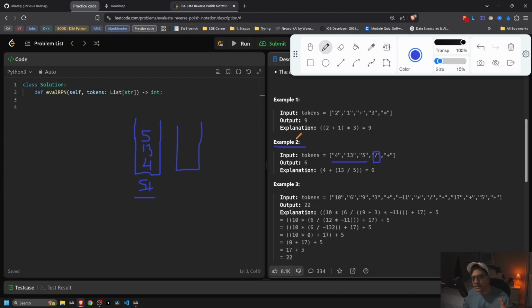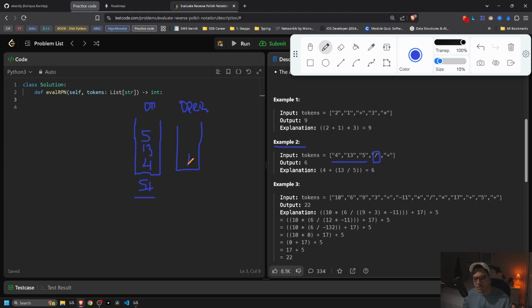Remember, we're keeping time complexity to a minimum, but we don't have to worry about space in this case. We're not gonna be doing anything crazy, but two stacks technically occupy a lot of space, okay? So let's keep a stack for operands in this case, and let's keep a stack for operators, okay? So that's what we're gonna do.